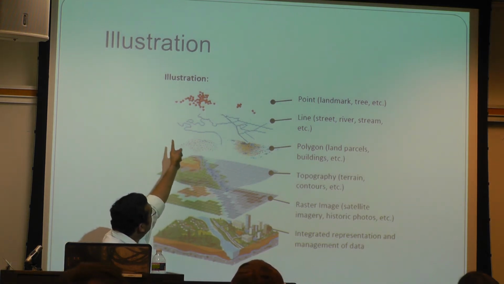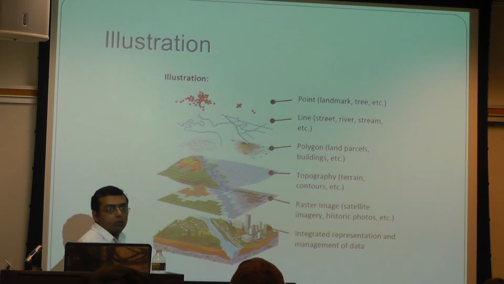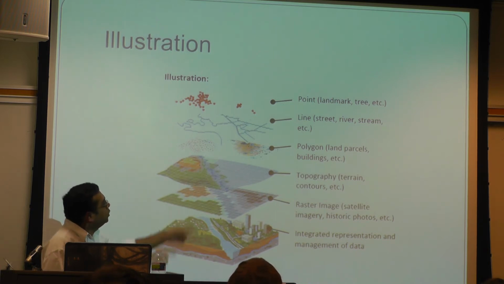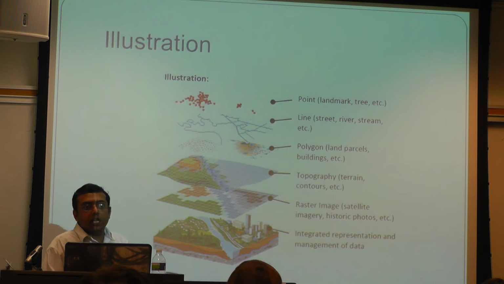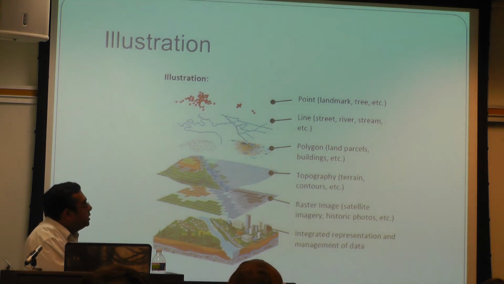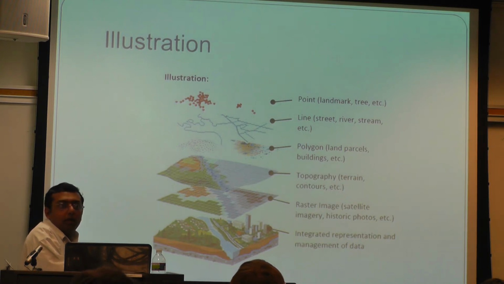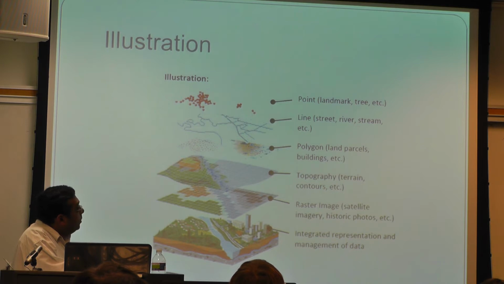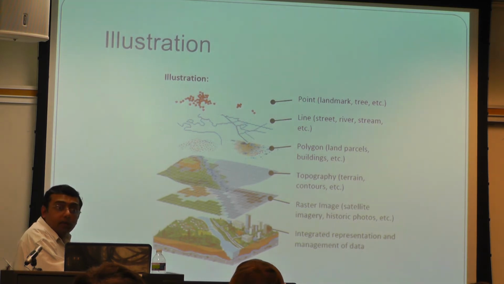That layer basically has a feature class which uses a point shape. So for instance, that will have things like landmarks and trees. The next layer below that will be lines, which will typically be things like streets, rivers, or streams. The layer below that will be polygons, which will be, say, counties, or in this case, land parcels or buildings.